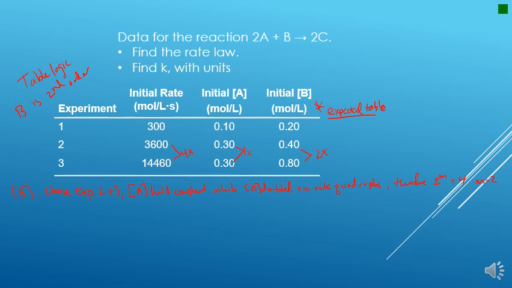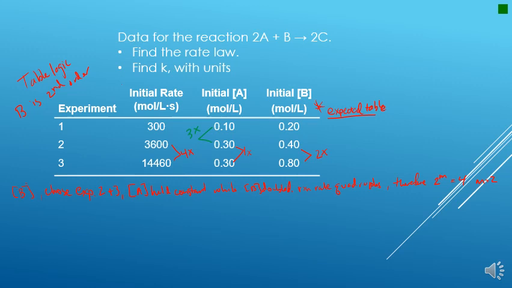So when I try to figure out the order for A, I'm going to look at experiments 1 and 2. When I look at 1 and 2, my concentration here tripled for A, but I'm going to try to manipulate my data to make two of my concentrations for B equal to each other.